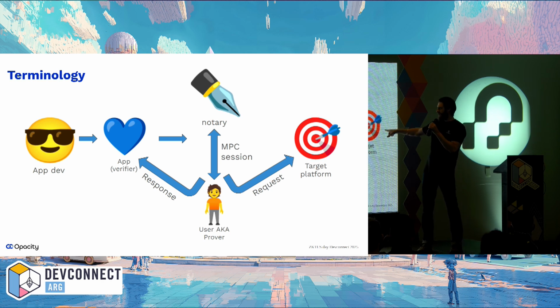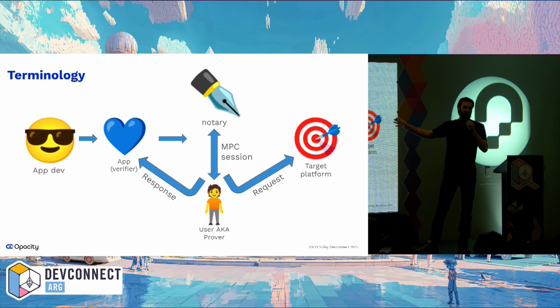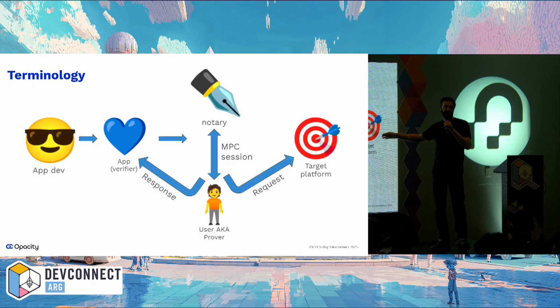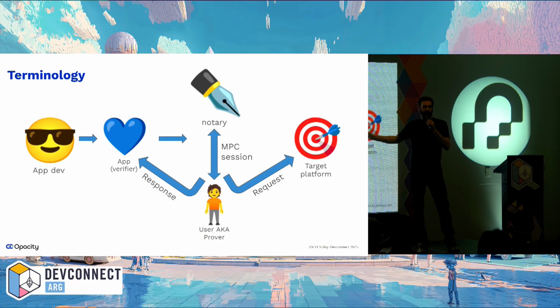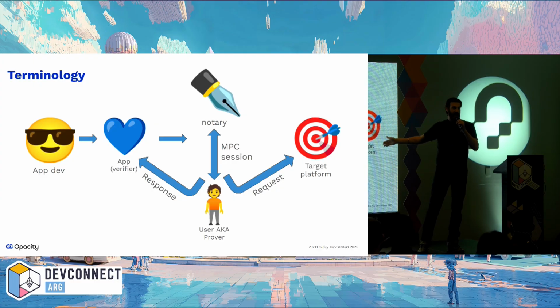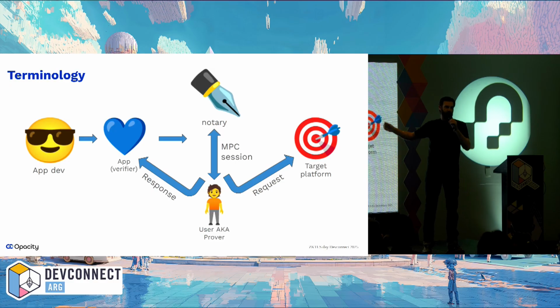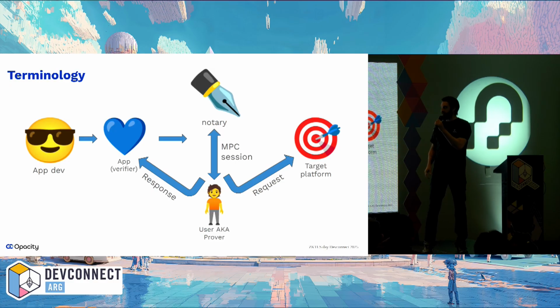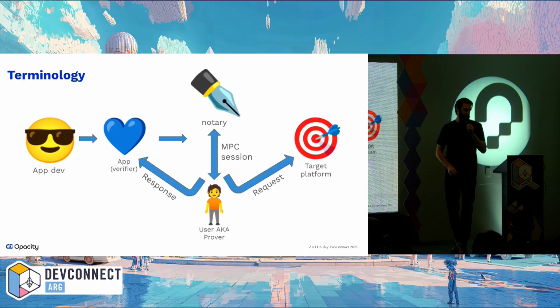The weird little shaped arrow is because one of the neat properties is even though the MPC generates this request, it comes from the user's IP address. The target platform returns the information, and then the user has it. They can choose to send that to the application where it's ultimately verified.